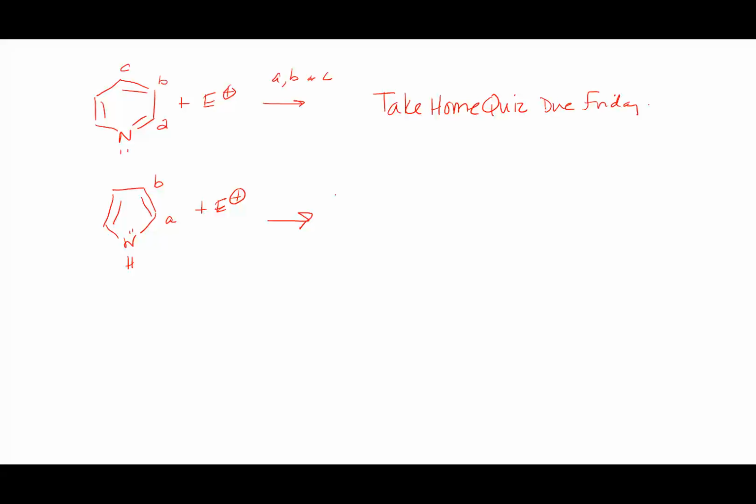Does it add next to the nitrogen? Does it add one position away? What's the role of the 6-membered ring versus the 5-membered ring? Ultimately, write all the resonance structures and then tell me where the E plus should add. That way we can figure this out ourselves.